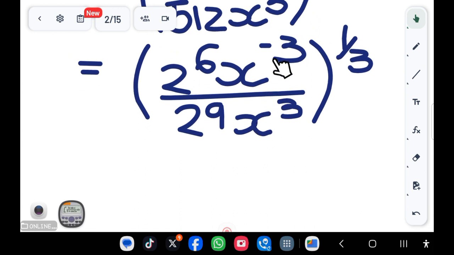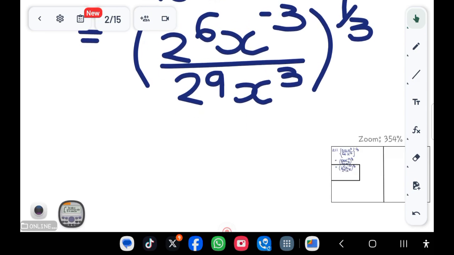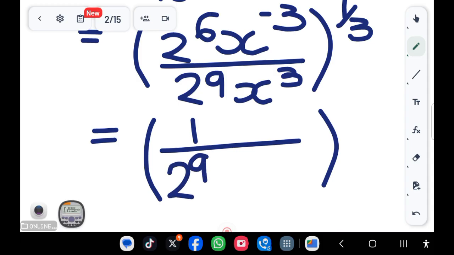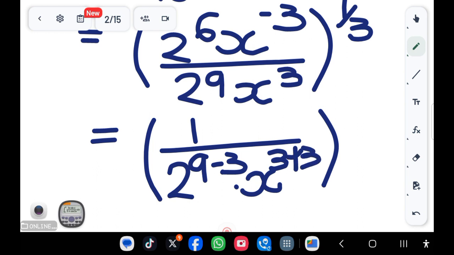So now what we do is we take this to the bottom and fix this too. When we divide powers of the same base, we subtract the exponent of the power at the bottom. So this one gives us 1 over 2 to the power of 9 minus 3, and this gives us x to the power of 3 plus 3, all raised to the power of a third.